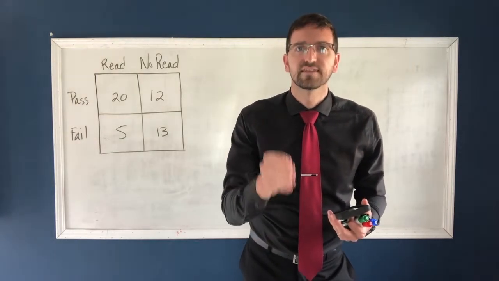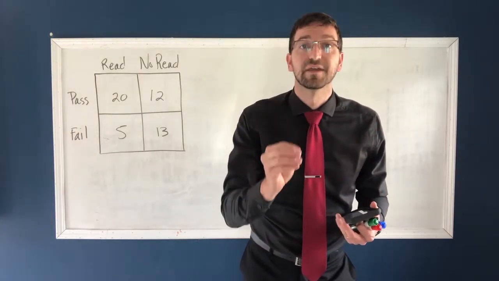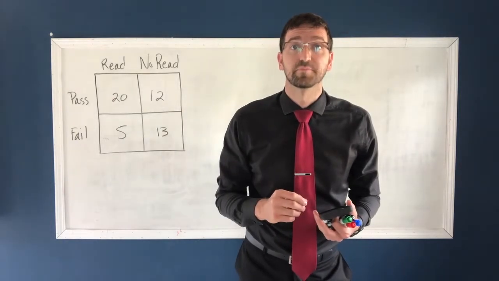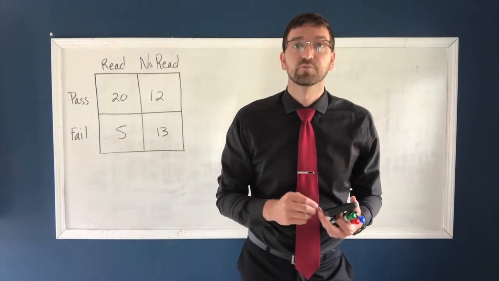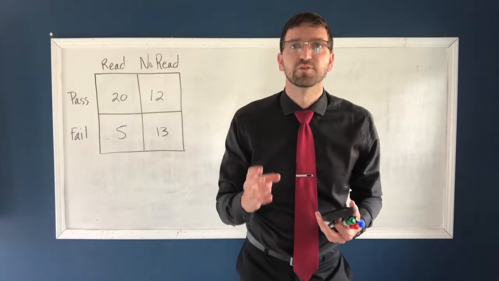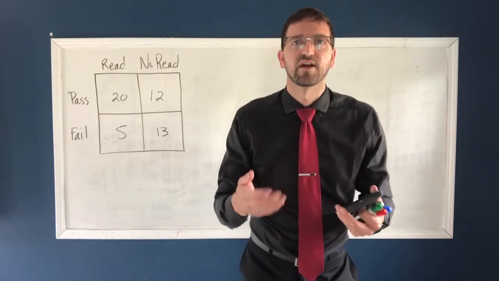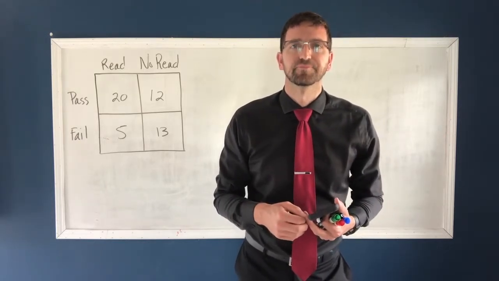The sample data that you're trying to use to make a statement about the larger population. So in chi-squared, the sample data that we're dealing with are counts or frequency.